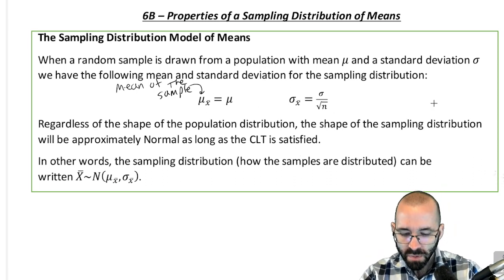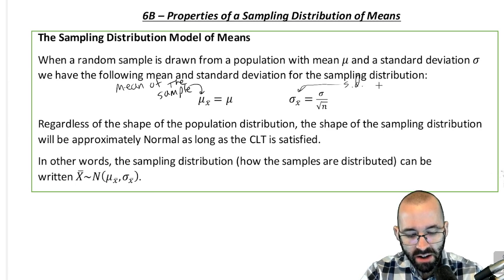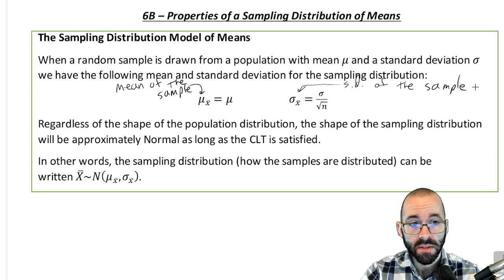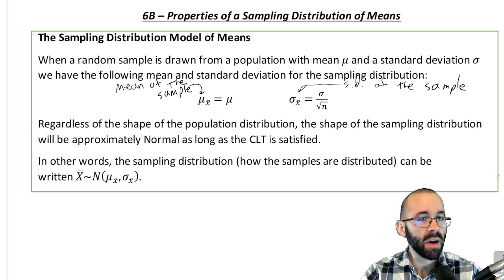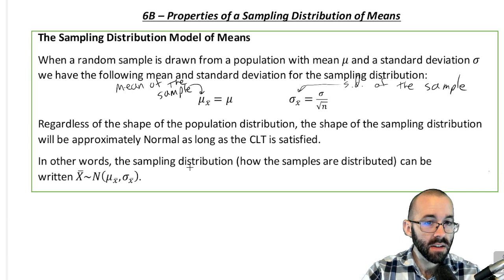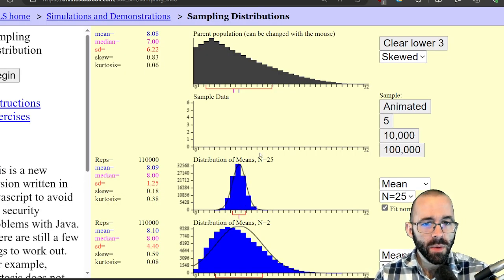Over here, this says the standard deviation of the sample mean: how spread out the sample means are is based on the standard deviation of the population, divided by the square root of the sample size. What's the square root of our sample size here? The sample size is 25, and the square root of 25 is 5.